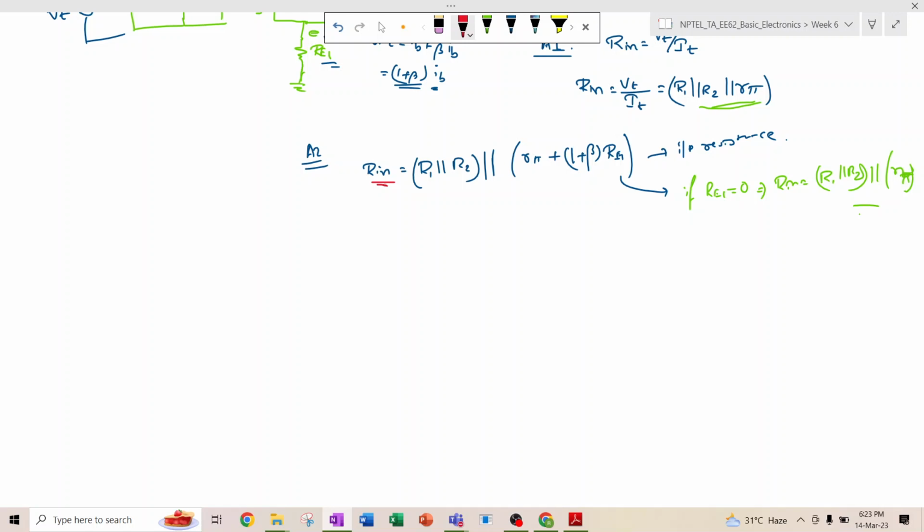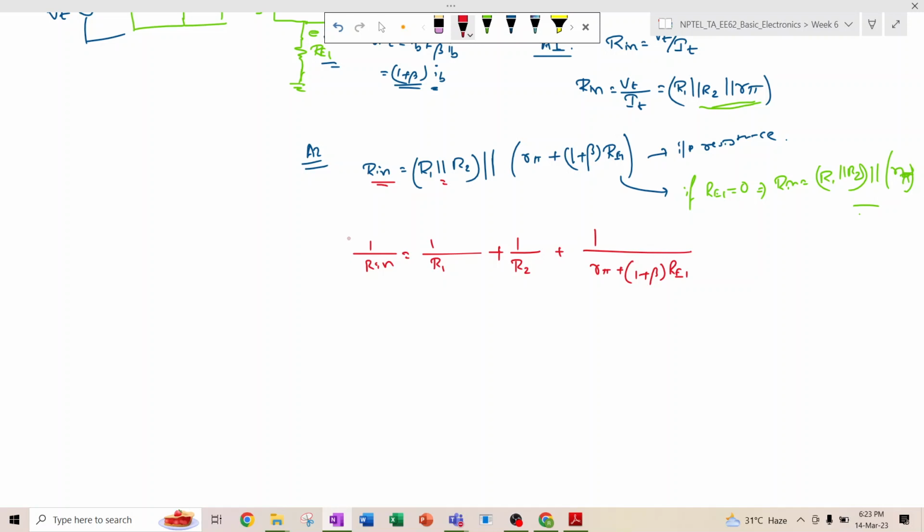Basically, because it is a parallel combination, we can write 1 divided by R in as 1 divided by R1 plus 1 divided by R2 plus 1 divided by R pi plus 1 plus beta into RE1.